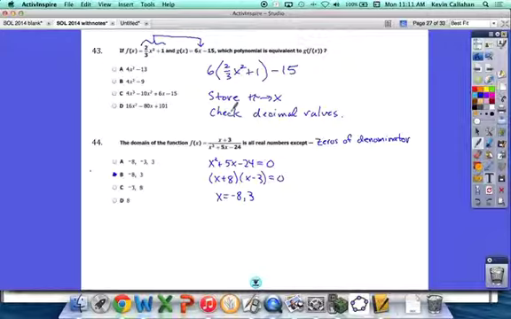Now, I think this next one is really a knowledge question. I'm not sure how else we would come up with this. The domain of this rational function is all real numbers except the zeros of the denominator, because if it's a 0 at the denominator, it's going to lead to a divide by 0. Now, how else might you do that with the calculator? I think actually some of you probably do this successfully.